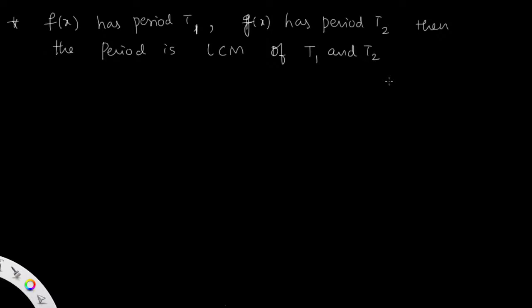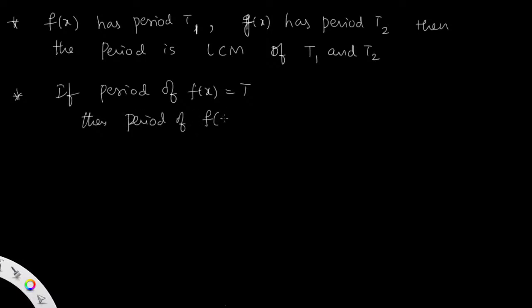First, write the basic concept: f of x plus t equals f of x. Another form is, if the period of f of x is t, then the period of f of ax plus b, or plus c also, is t by mod a.